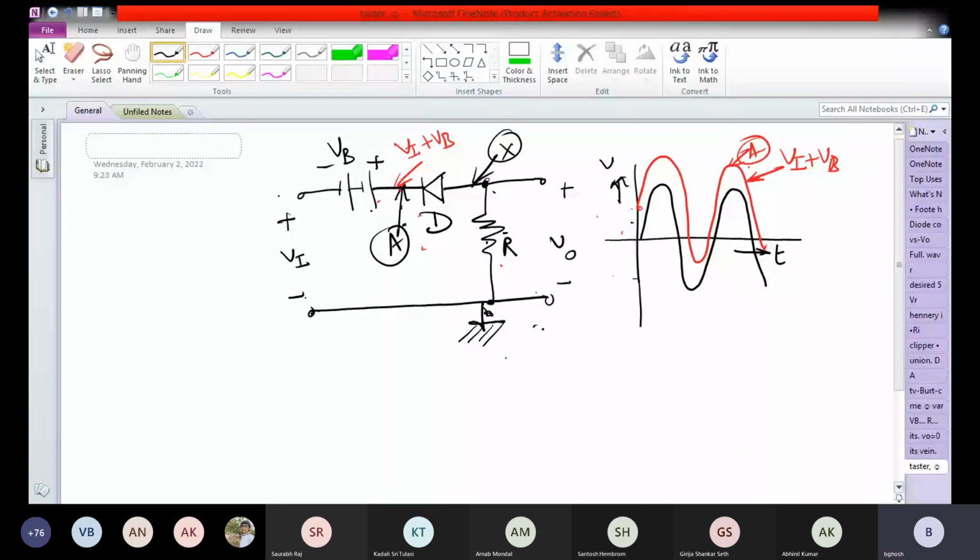So therefore, the voltage at point X does not rise or go above 0.